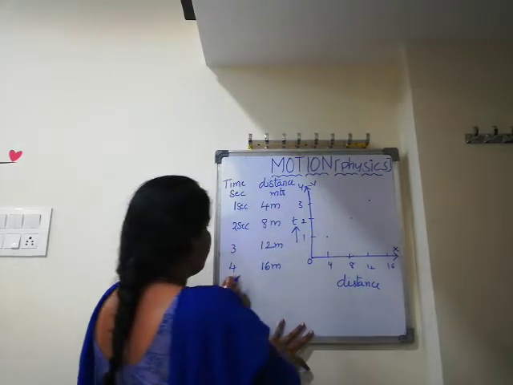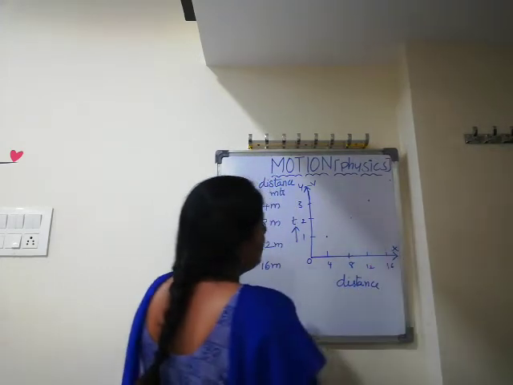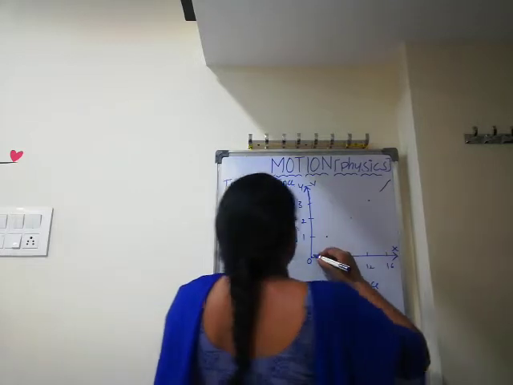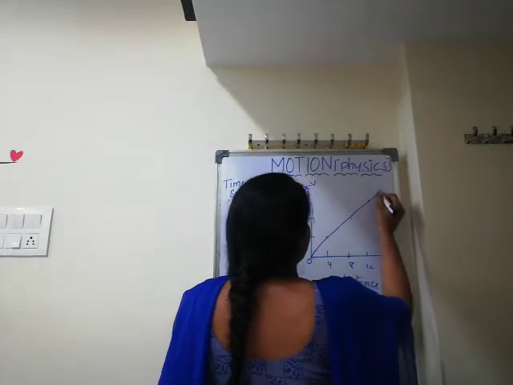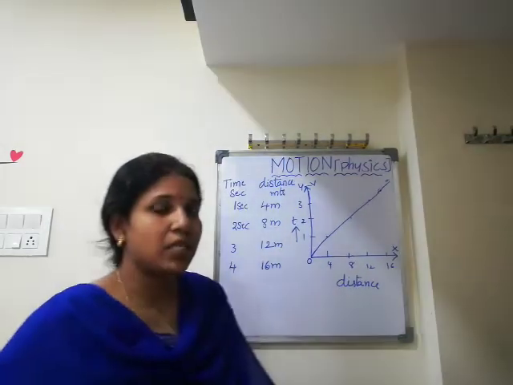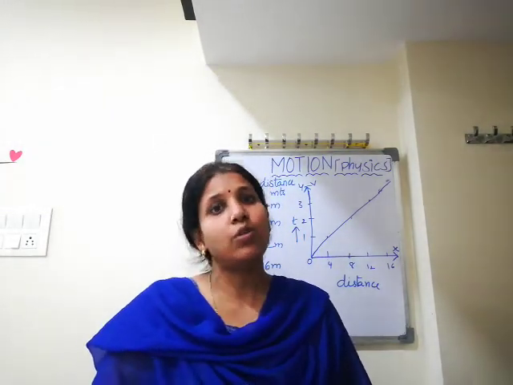And at the 4th second, what is the distance travelled? 16. If you join these dots, you will get a straight line. Yes or no? So we can say that the graph for uniform motion is a straight line passing through the origin.